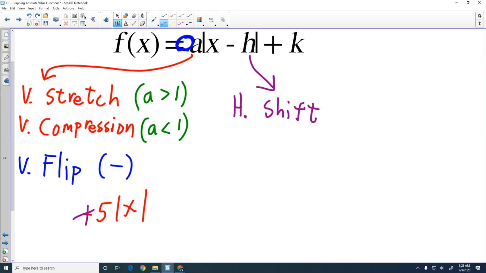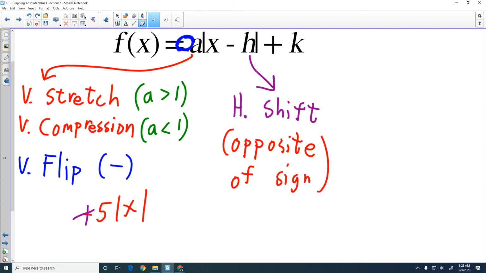But what's the one thing you had to be careful with for just this horizontal shift that you might mix up? That opposite sign. So put a little note here, just in parentheses, just write, hey, it's the opposite of the sign. So it's the opposite direction of whatever the sign is.